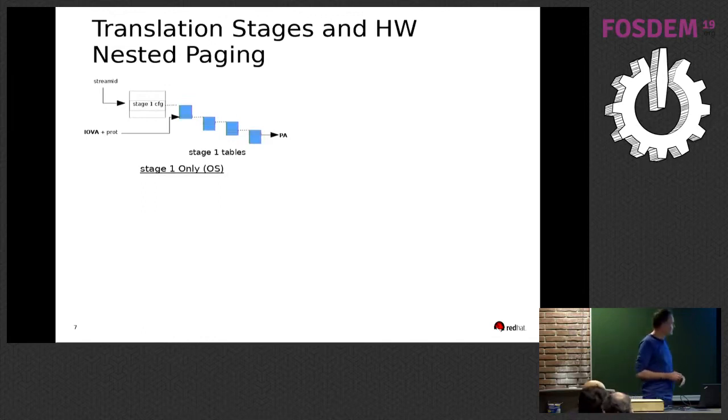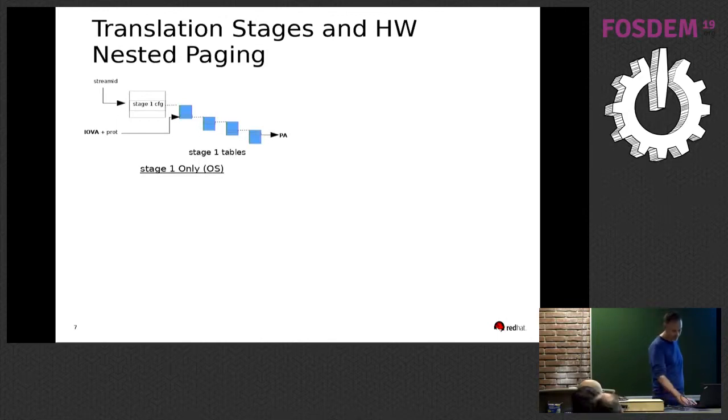Okay? So at physical level, there are different kinds of hardware implementation. Either the IOMMU can implement a single stage, or a single level for Intel. So this is typically used for the scatter-gather use case, where a guest operating system is going to translate an IO virtual address into a physical address.